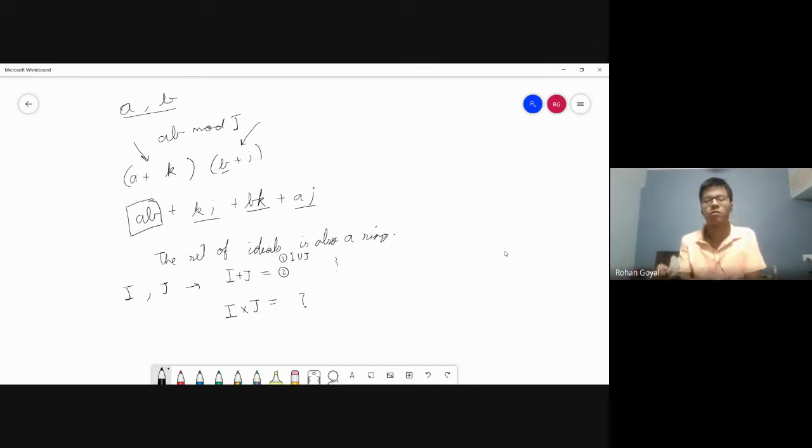How would you want to define it so that they also form a ring?